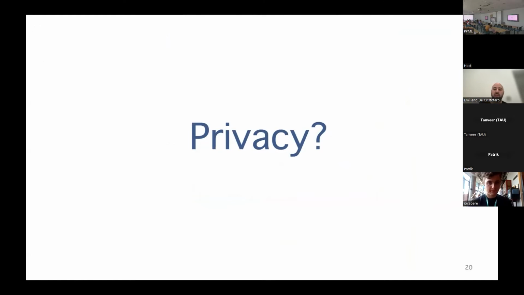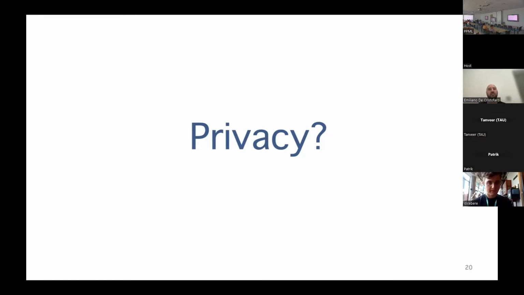But now let's go to privacy, right? So we kind of saw the utility. Do these models preserve utility? It depends. Some models are okay on some tasks. Some are not. Some are not really great on any of the tasks that we experimented with. But what about privacy?